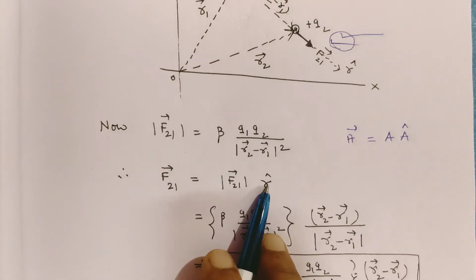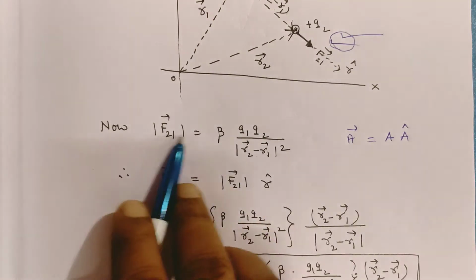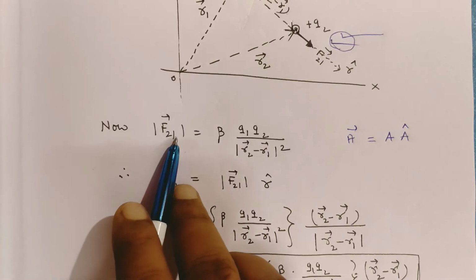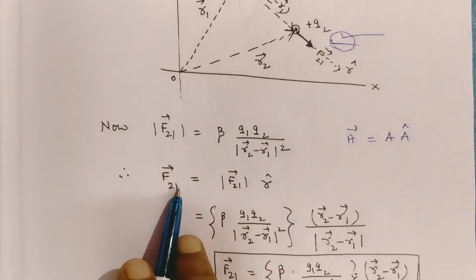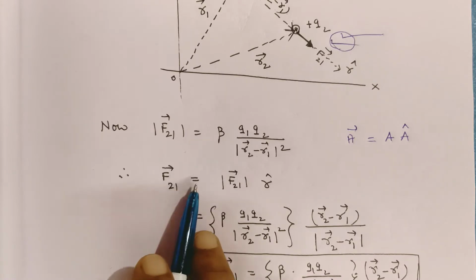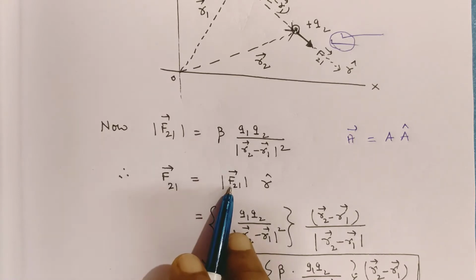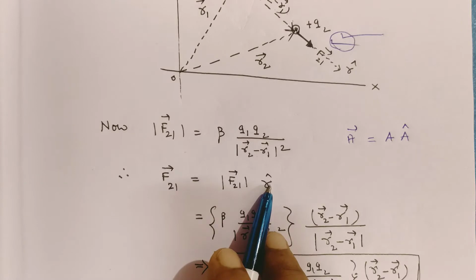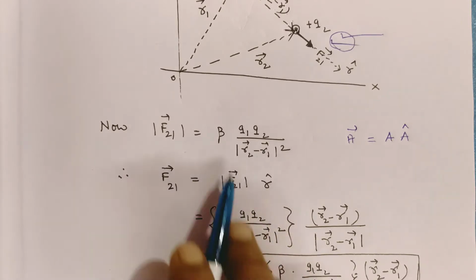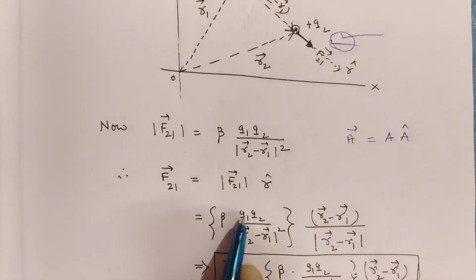This is the vector expression and that is the magnitude expression, which is why the mod sign is given there. Every vector can be represented as first its magnitude, then its unit vector. The magnitude part is obtained from this one: beta Q1 into Q2 divided by mod of R2 vector minus R1 vector, squared.